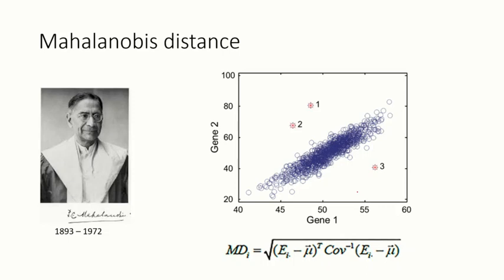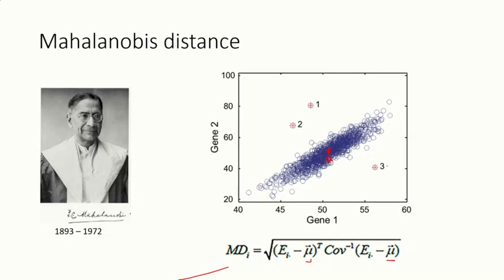The feature of this distance is, if you compute, for example, a distance, this is the center, okay? That's mu here, the center of this cloud.